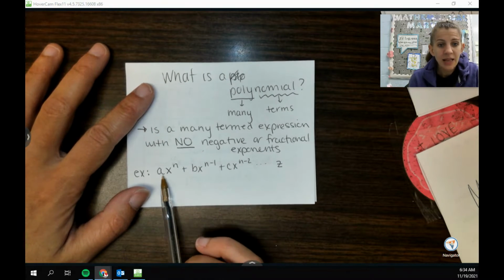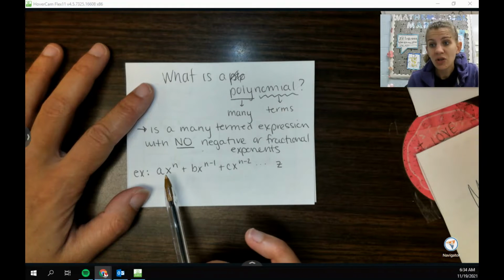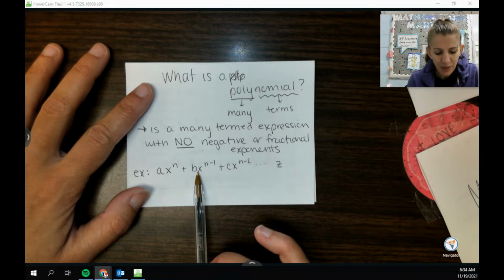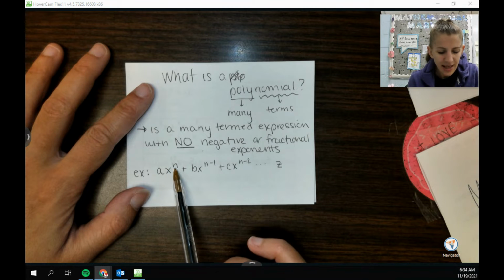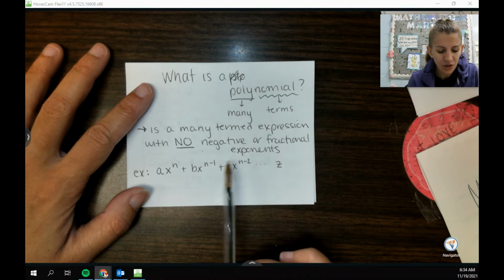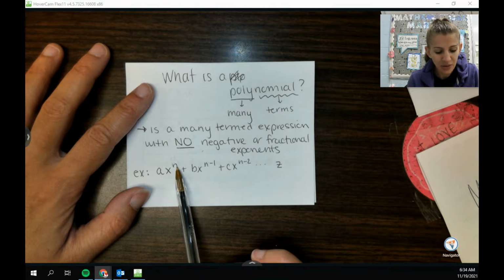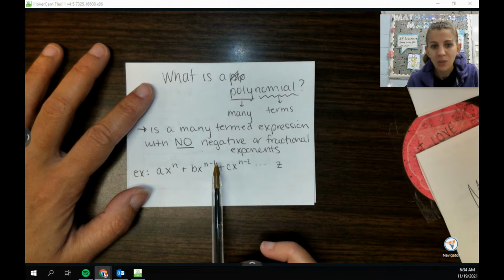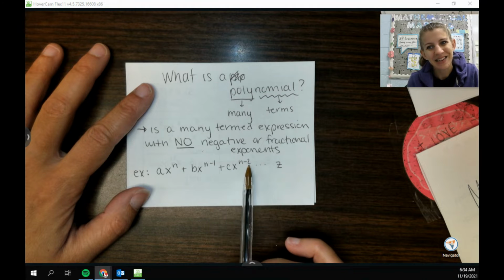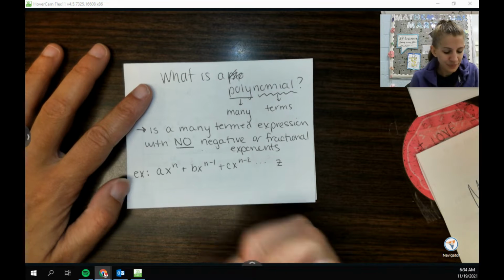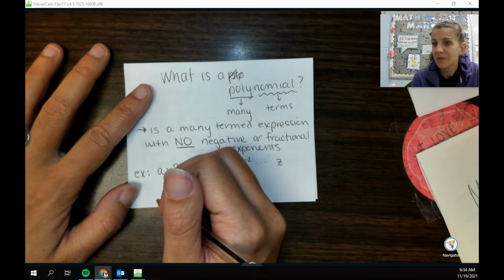The a, b, c, z are all just numbers that would normally be in front of our letters. Then we have our variable x. And this power stuff is just showing that I'm going in decreasing order. So I start with a big one, and then I do one less, and then I do two less. It's just going in decreasing order, which is how we write stuff in standard form, if you remember from last chapter.